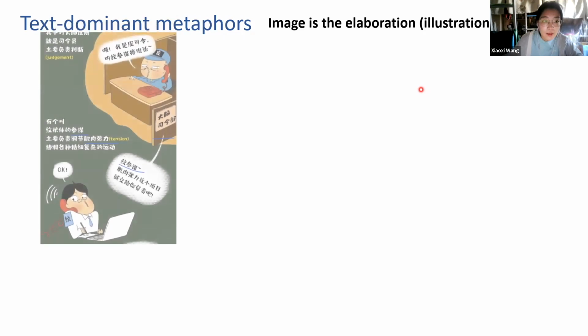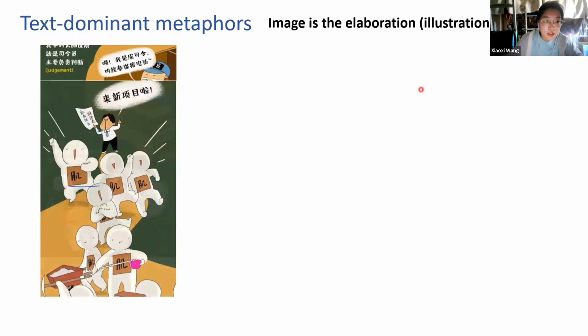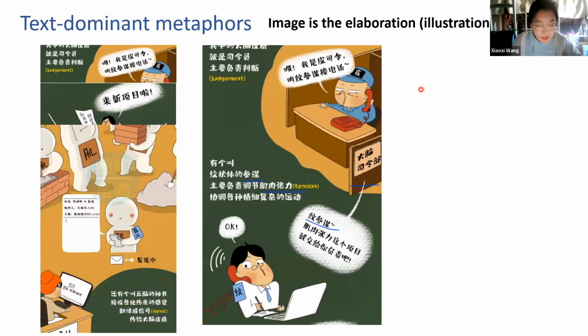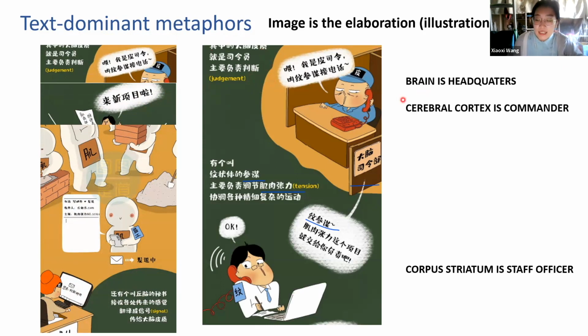So I'm going to show you this webtoon, and the first one is its textual metaphor is illustrated here, and I will translate it. The first one is brain is headquarters, and another one is cerebral cortex is commander, and another one here is corpus striatum is staff officer.